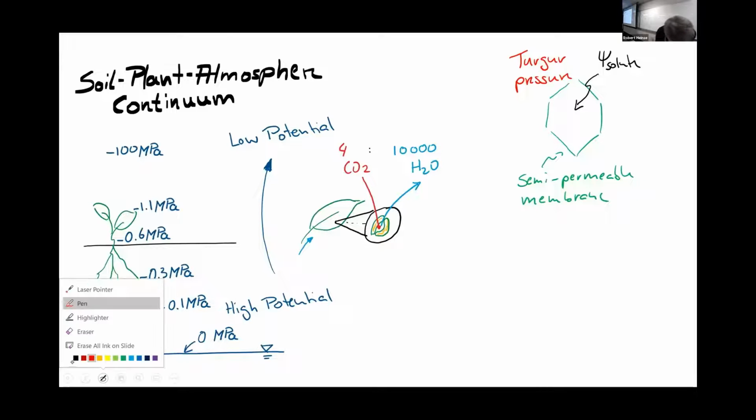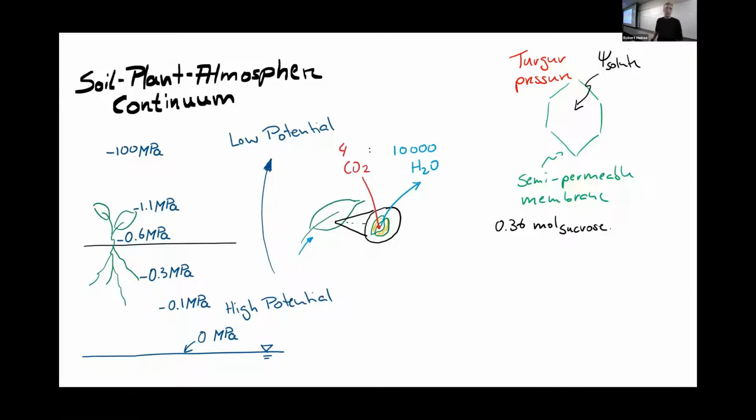So just to give you an idea of what we're talking about there in terms of potentials, if you have a 0.36 mole concentration of sucrose within that cell. Okay, granted there's more in it than just sucrose, but let's just go with sucrose. If you do the calculations there, the 0.36 mole of sucrose, to get how many grams of sucrose you have per liter, you have to multiply that by the molar mass, which is 342 grams per mole for sucrose.